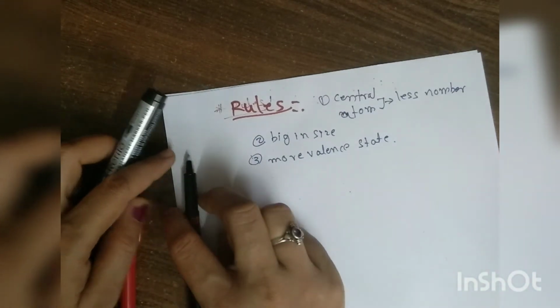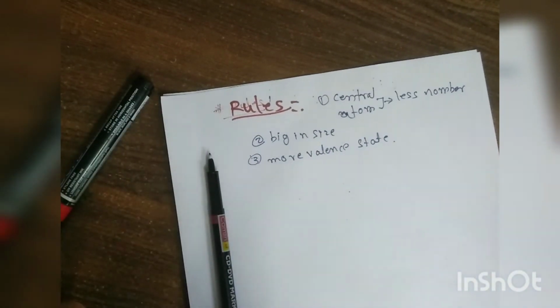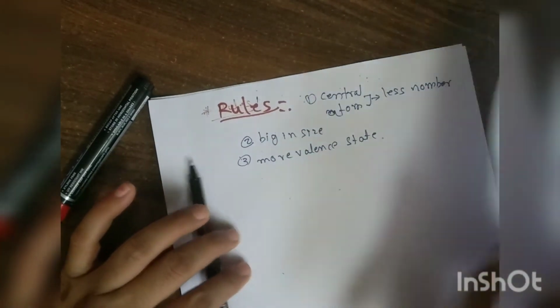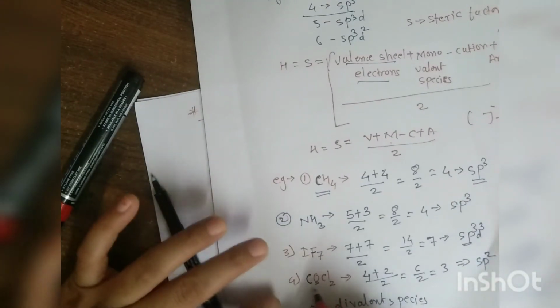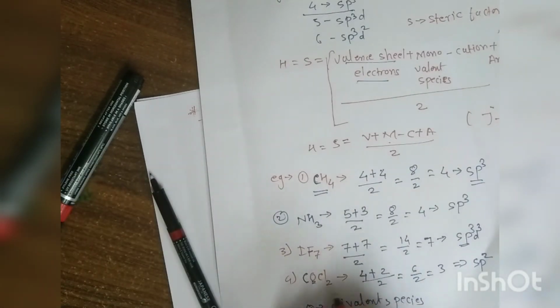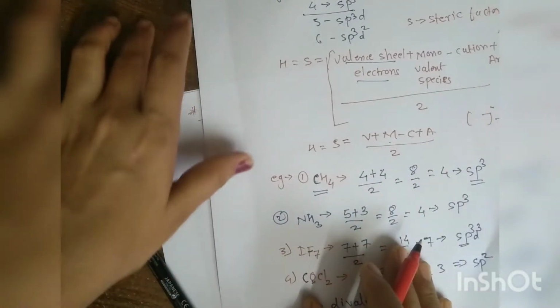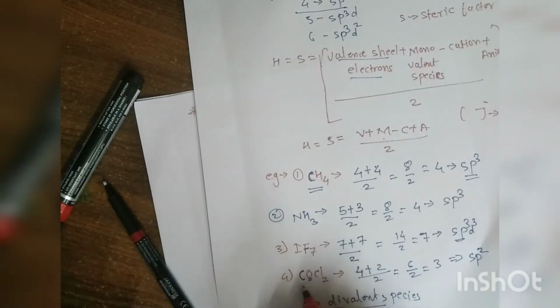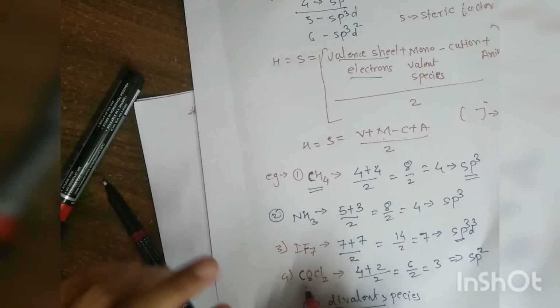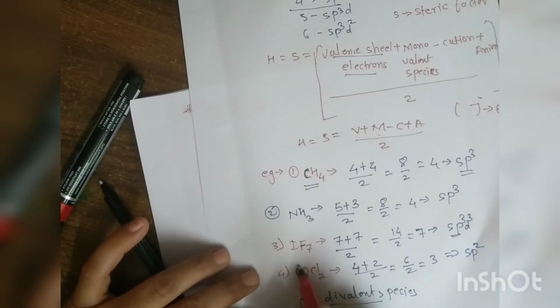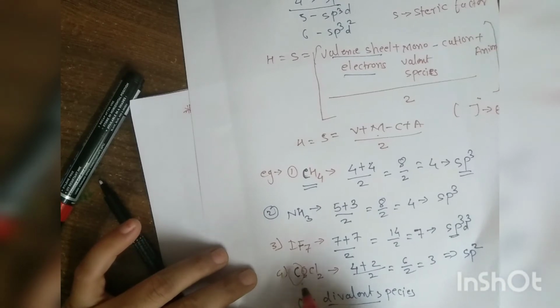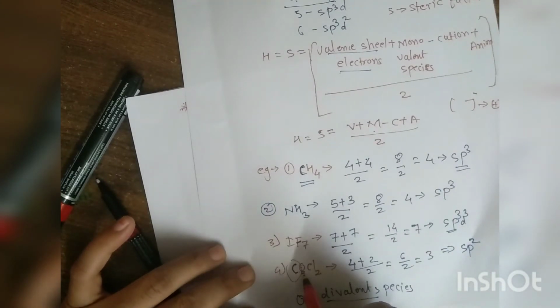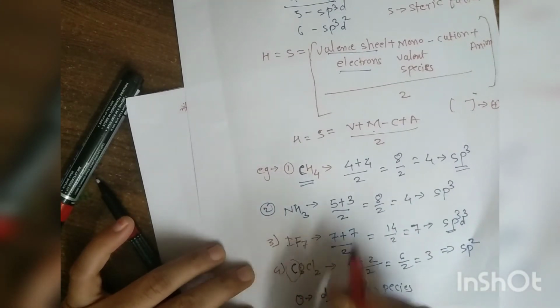So now we are taking an example, COCl2. Here the first rule, less number, fails. Second, big in size: we have taken the one big in size, that carbon is big in size, and we cannot count a divalent species in this rule.